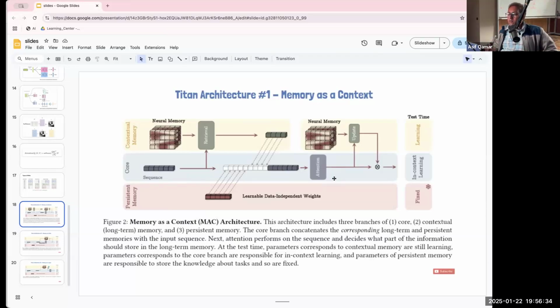And then if you look at the key learnings, the persistent memory is the simplest. On the right-hand side, it says fixed. What does it mean? That means none of the persistent memory can be altered or changed. It is basically some task-specific knowledge, right?